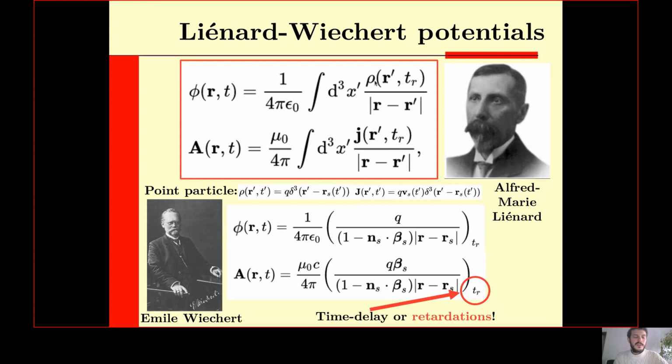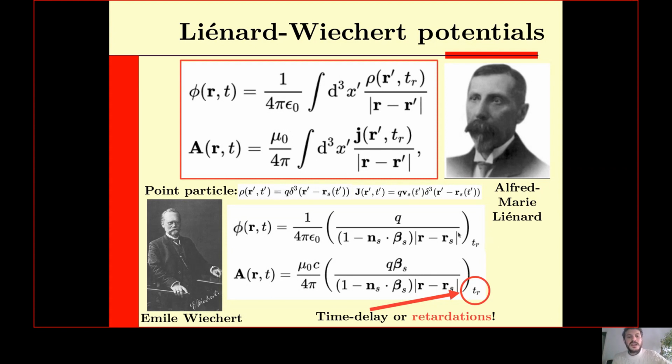These are derived in the Lorentz gauge, and if we work out the four-potential for a point particle, we obtain the very famous Liénard-Wiechert potentials, which depend on the speed relative to light speed, the charge, and the distance. These were derived at the end of the 19th century by Alfred-Marie Liénard and Emil Wiechert, and you know these potentials. I would like to draw your attention to this fact.